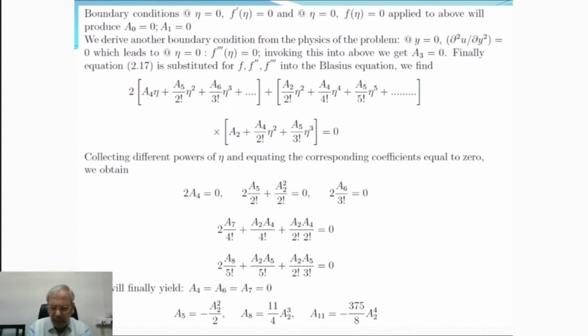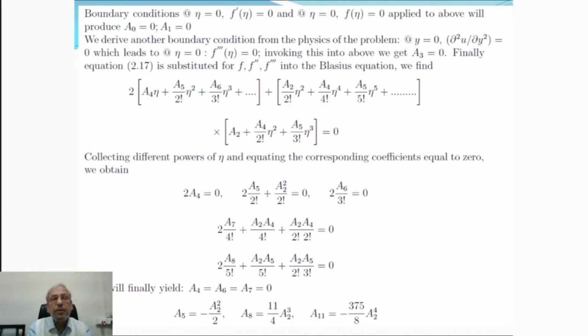Now at y equal to 0, if we write u equal to 0, v equal to 0 in this equation, then basically the left hand side becomes 0. Left hand side we have u del u del x plus v del u del y. Right hand side we have nu del 2u del y2. Since u is 0, v is 0, left hand side is 0, and right hand side we are left with nu del 2u del y2.